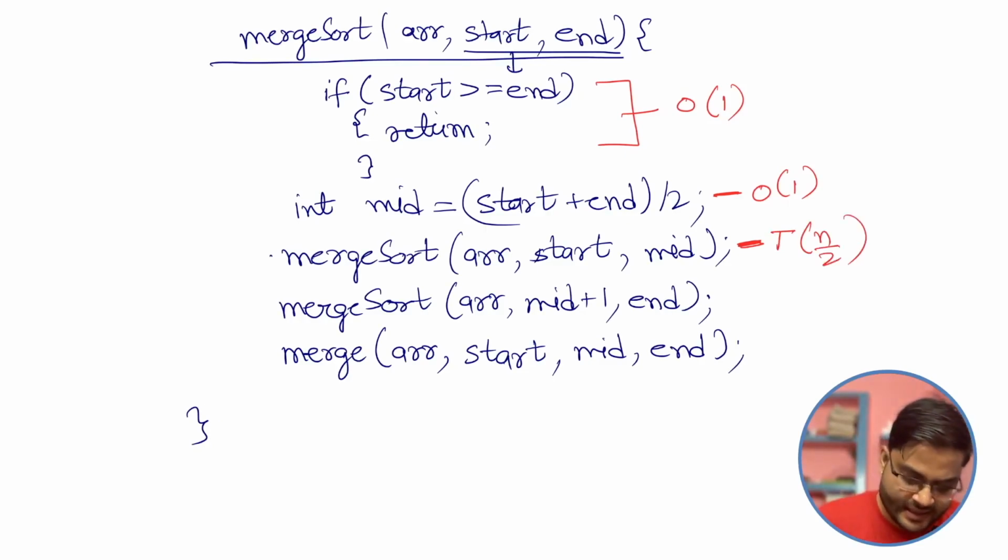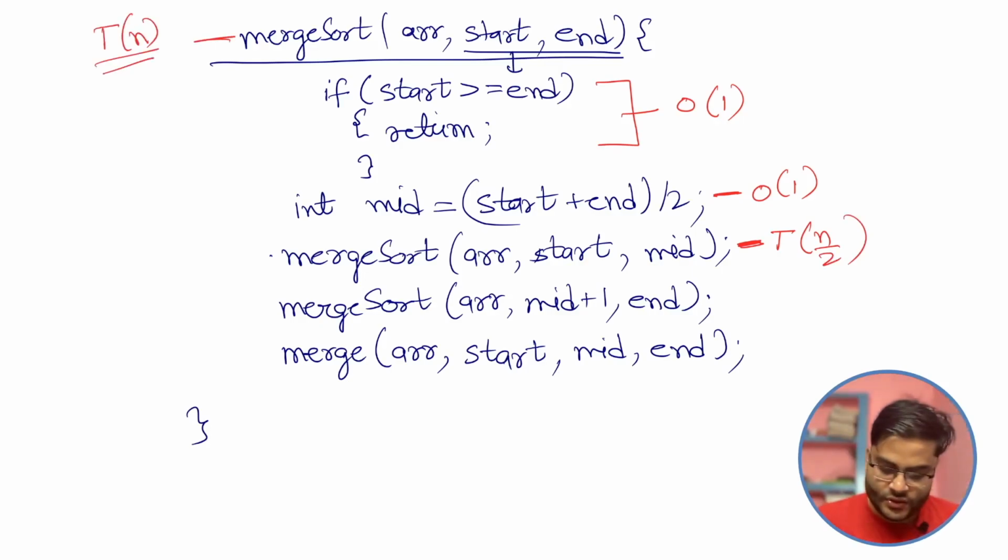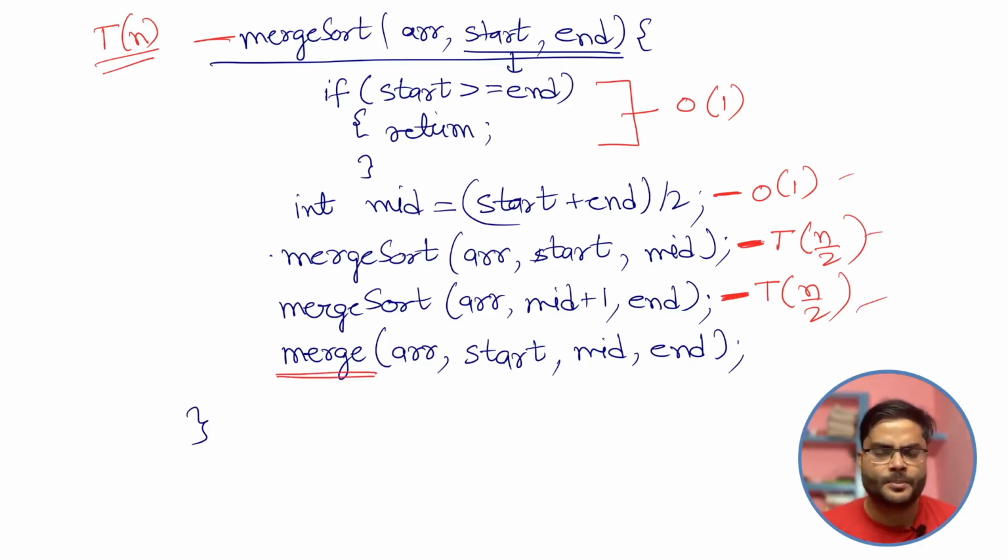Let's say the whole algorithm takes T of n time, so this will take T of n by 2 time, and similarly this will take T of n by 2 time. Okay, so till now the time complexity will be something like this. Now we will discuss the time complexity of the merge algorithm while discussing the merge algorithm.